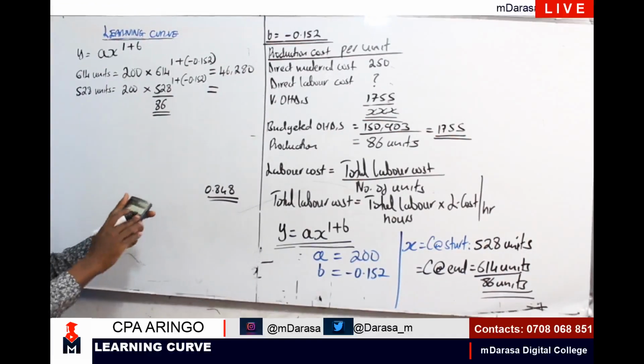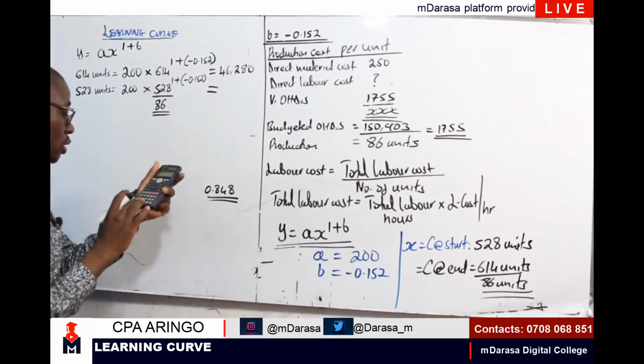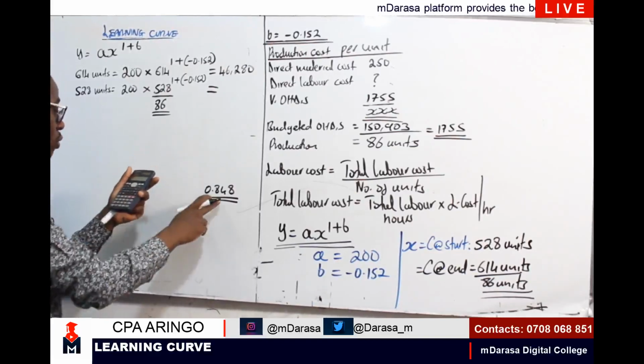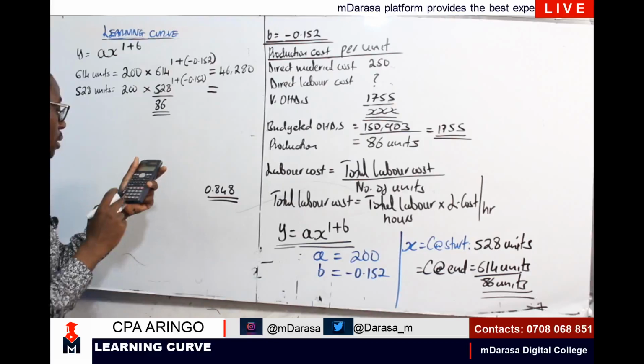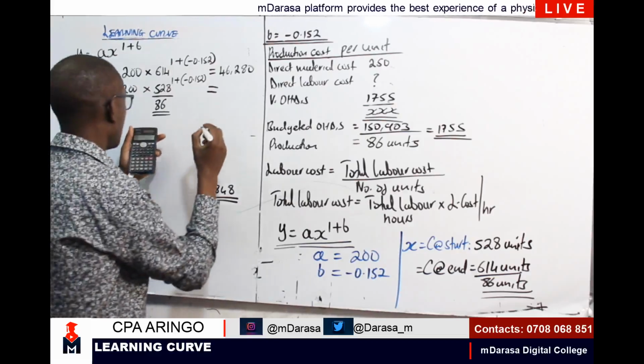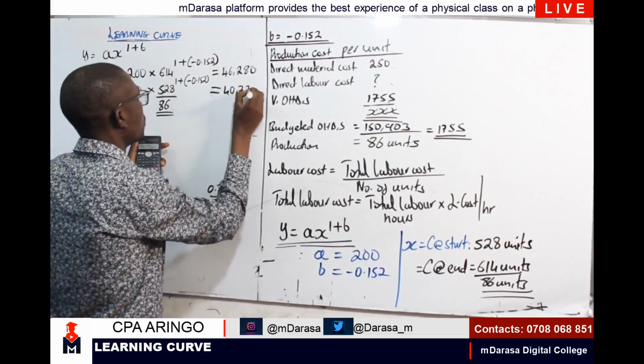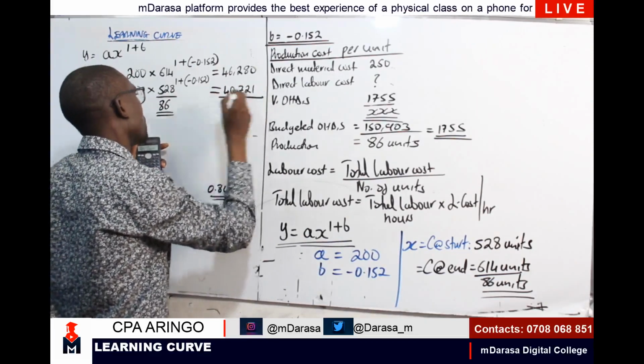For 528, just take 528 raised to power 0.848, the one that we've determined here, times 200. This should give me 4721 hours. Remember, these are hours.